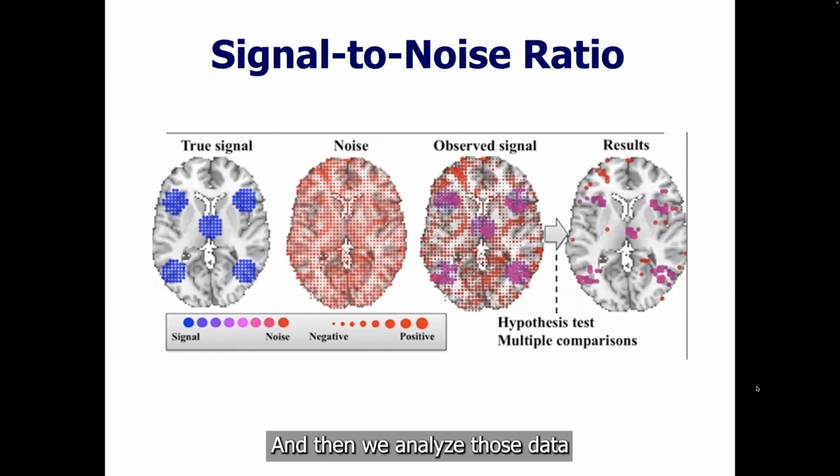And then we analyze those data in order to pull out what we're hoping is the true signal, but our results are probably going to be intermixed with some noise and some real signal. And the higher the SNR, or signal to noise ratio, the better off we are in order to get the true signal in our results, as opposed to a lot of noise in our results.